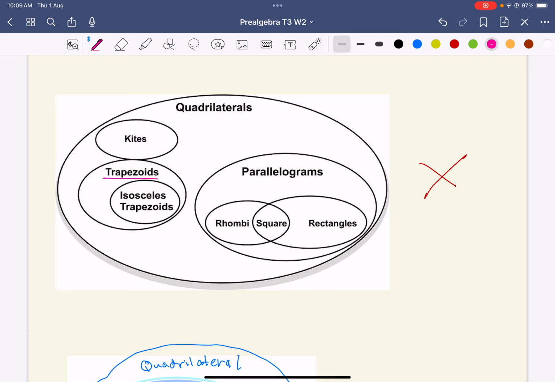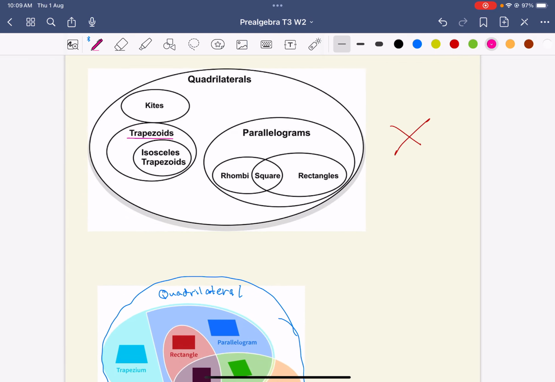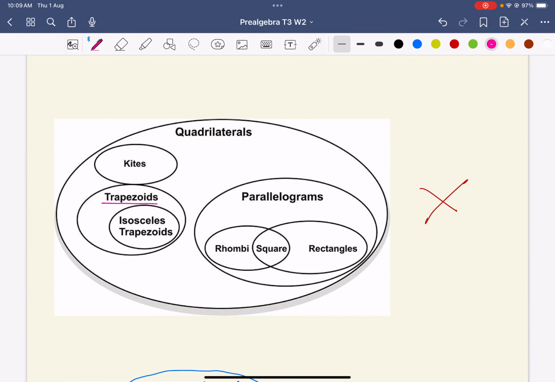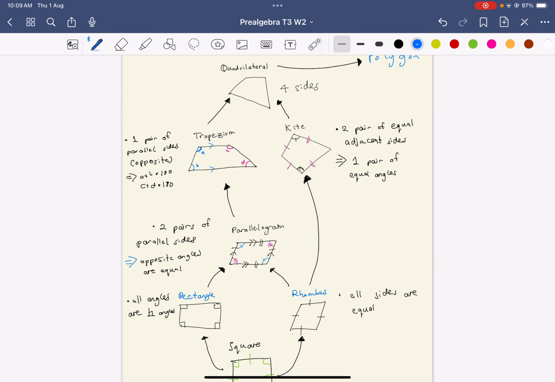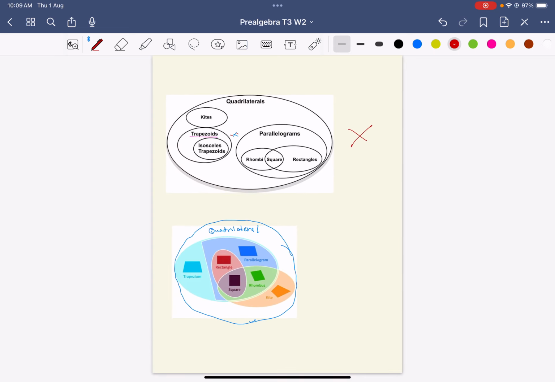I don't know why. But the issue is that they separate trapeziums from parallelograms. But we know from this diagram that parallelograms belong to trapeziums, so all the parallelograms should be inside the trapezium circle. And they're completely separate here. So that's not what we want. That's why it's wrong. So this is a better diagram.